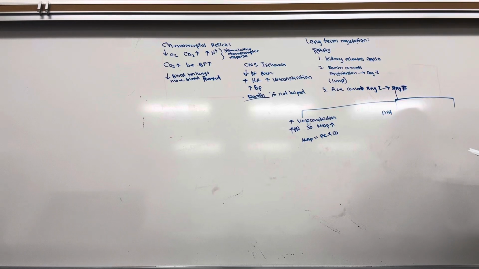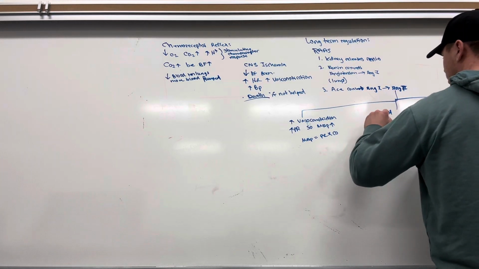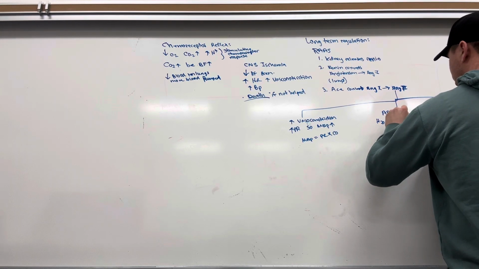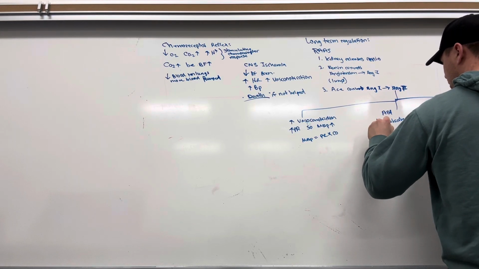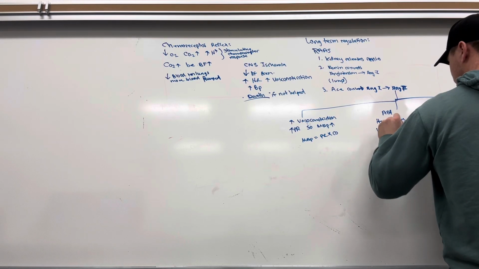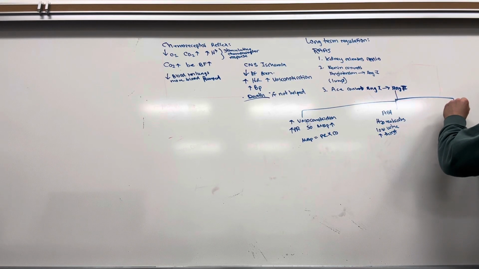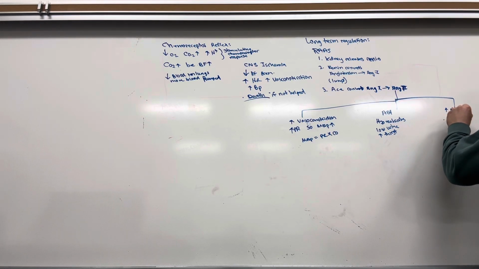Okay, aldosterone. So H2O is going to reabsorb, so then this will lead to low urine, high thirst. Okay, we increase aldosterone. So that means that sodium is reabsorbed. And potassium leaves out of the kidney.